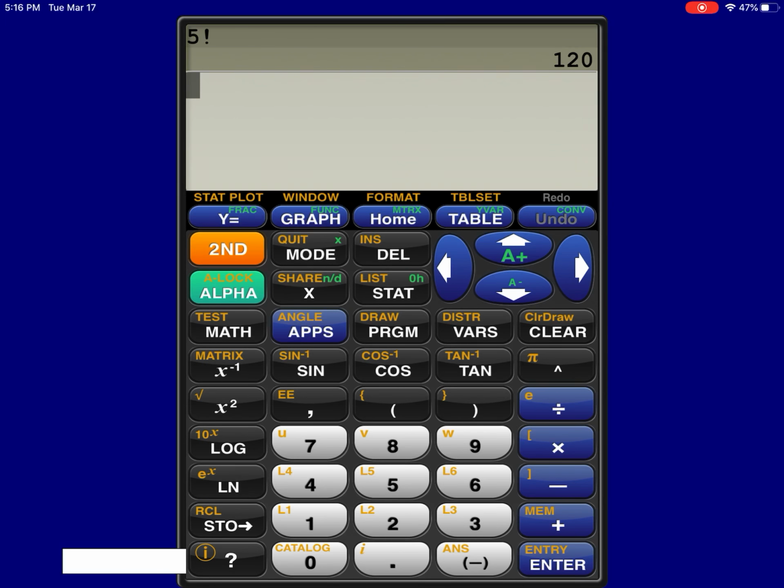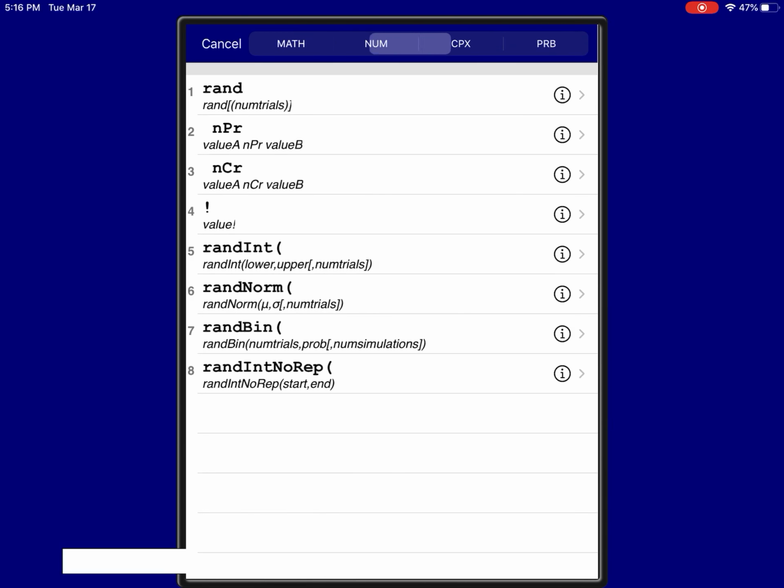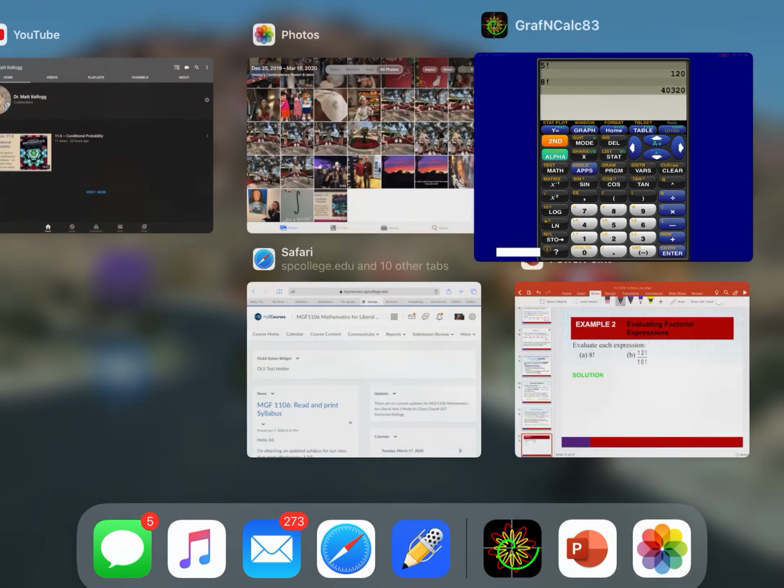I think in the slide you were asked to do 8 factorial, so let's try 8 factorial. Hit the 8, and then go find your PRB menu. For the TI people, it's math, PRB, and then number 4. See how they get really big? So 40,320.